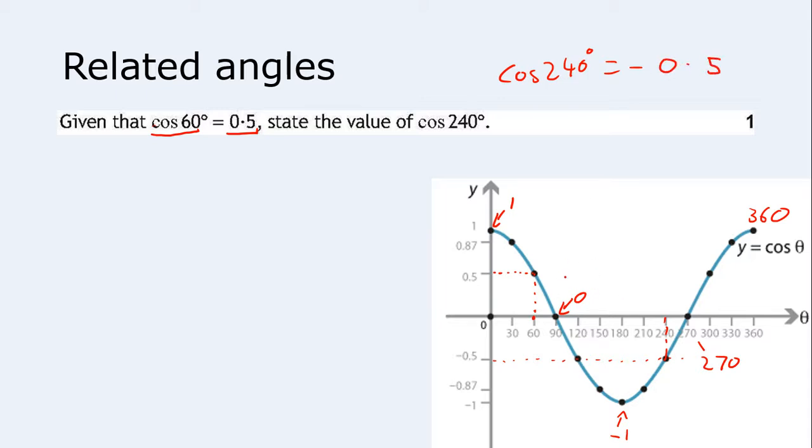Now the way you do this in practice is that there's a symmetry to the cosine graph, and you know that the difference between 60 and 90 is 30. There's a difference there of 30. Remember that 90 is a point that we know for certain. There's a distance of 30 there, and there's also a distance between 270 and 240.